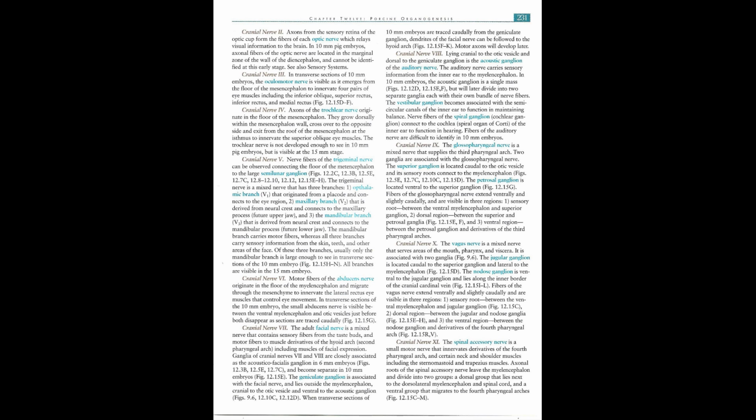The trigeminal nerve is a mixed nerve that has 3 branches: 1, ophthalmic branch, V1, that originated from a placode and connects to the eye region; 2, maxillary branch, V2, that is derived from neural crest and connects to the maxillary process, future upper jaw; and 3, the mandibular branch, V3, that is derived from neural crest and connects to the mandibular process, future lower jaw.